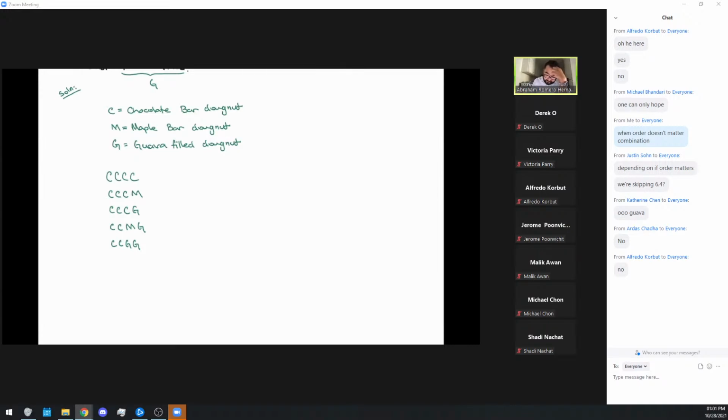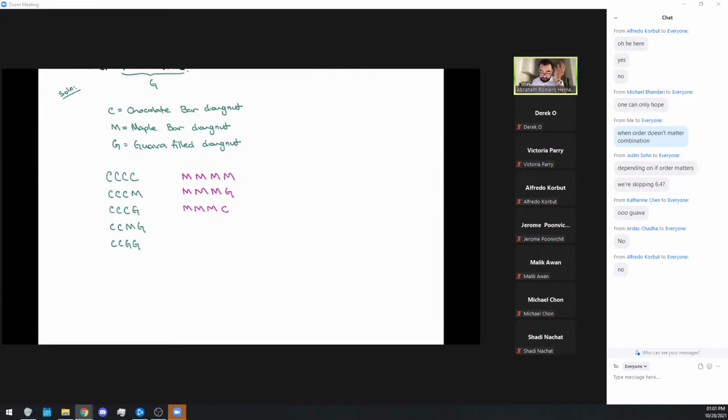Now let's start off with ones with maple bars. With maple bars, I could have selected all 4 of them to literally be maple bars. I could select 3 to be maple bars, and the last one could have been guava. Or 3 maple bars and the last one chocolate.